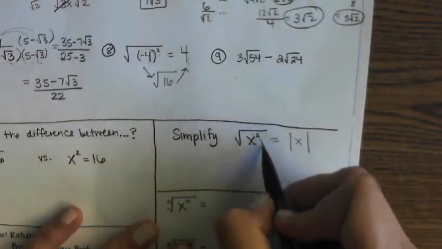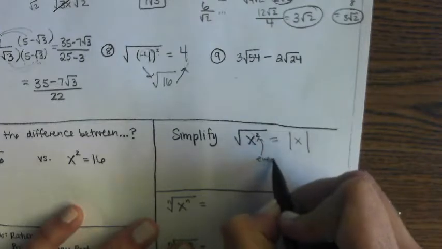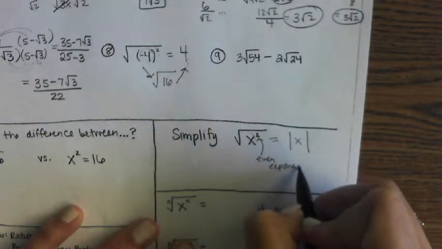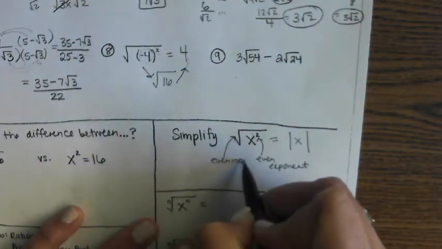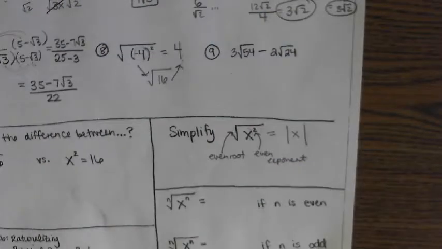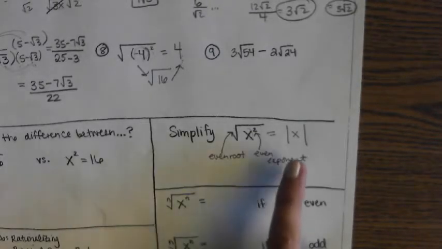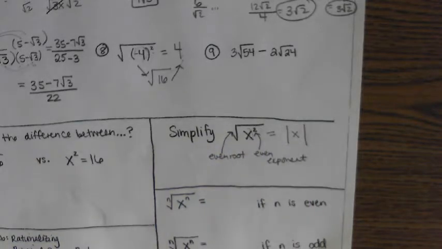Okay? This little finicky piece that you've never seen before only comes up when you have an even exponent and an even root. So it can come up when you raise things to the 4th power as well. They both have to be even, and if they are both even, you need absolute value signs around your variable.